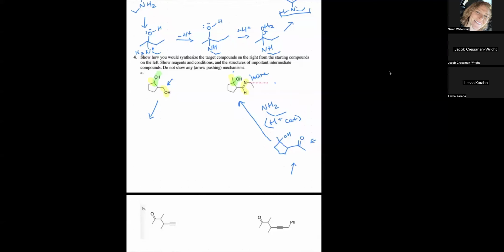So we have to do some sort of oxidizing reaction to make that happen. The best reagent that we know for that would be our PCC with some sort of CH2Cl2, and this is just a simple oxidizing reagent.